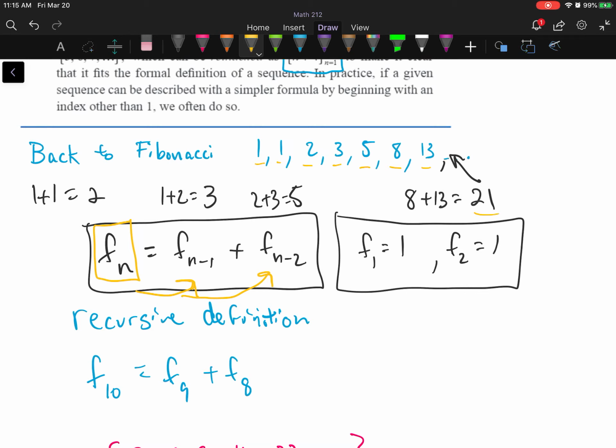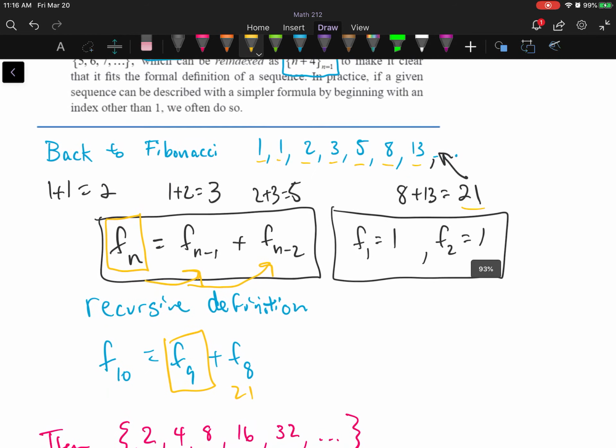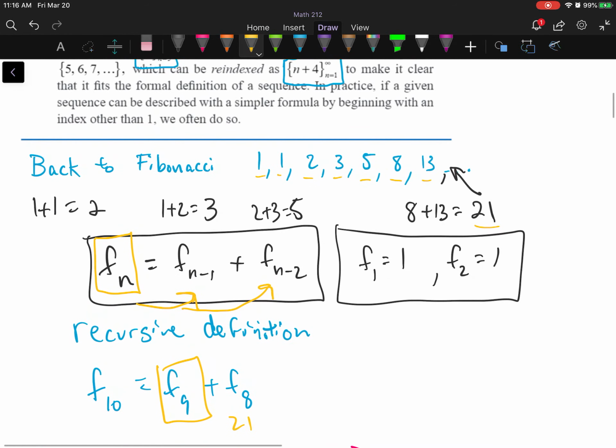So in order to calculate the 10th Fibonacci number, we know that this one's 21, just from all the work that we've done so far, but we'd actually have to do a little bit more work to calculate the 9th Fibonacci number in order to get the 10th Fibonacci number. So a recursive definition is really nice if you just want to know the next number.